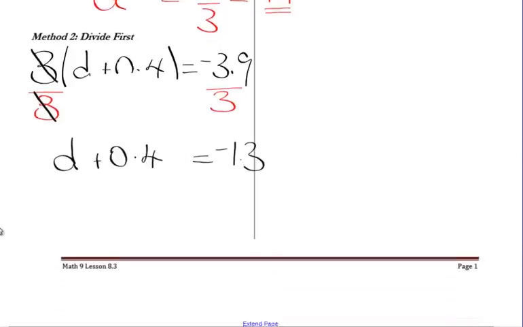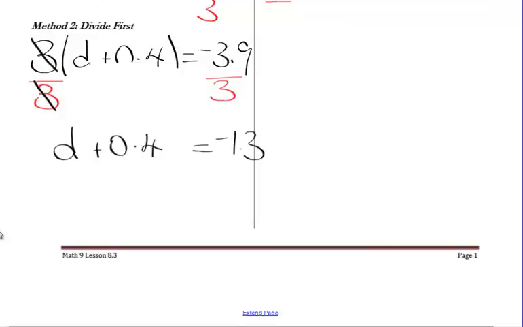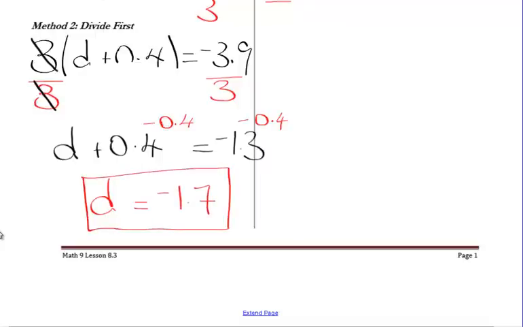What's the next thing that we're going to do here? Well, we've got a simple one-step equation. So subtracting 0.4, subtracting 0.4, and we've got d is equal to negative 1.3 minus 0.4, and that's going to be negative 1.7. And so that's exactly what we got using the first method.